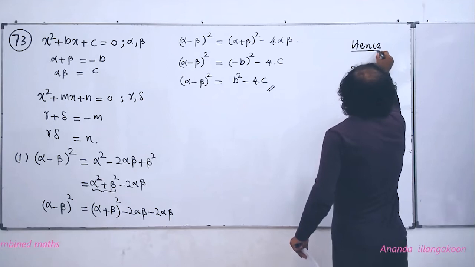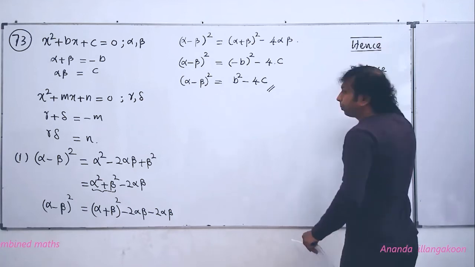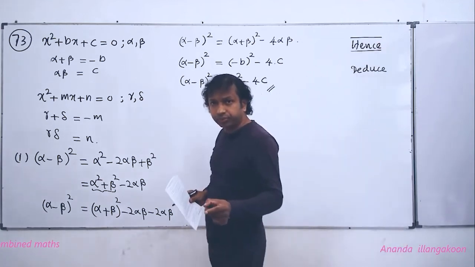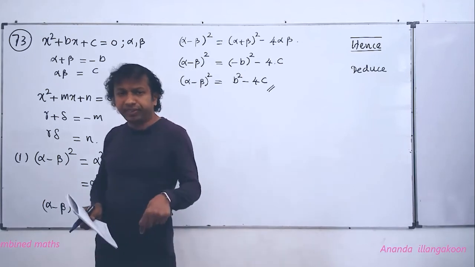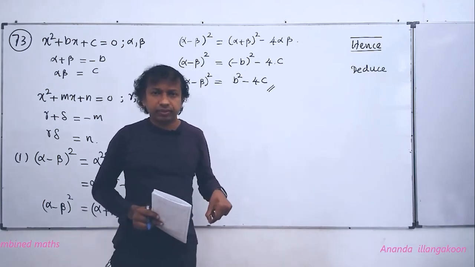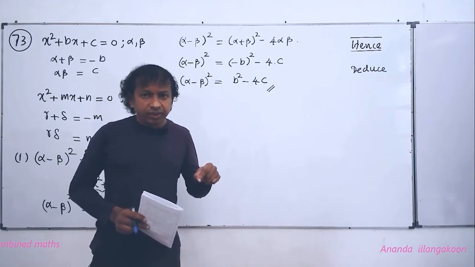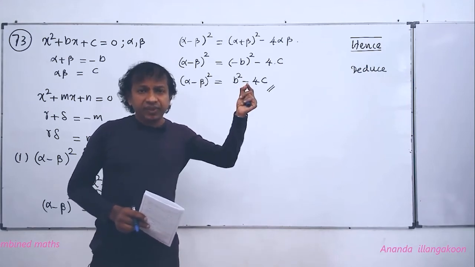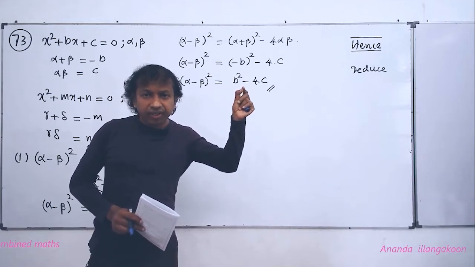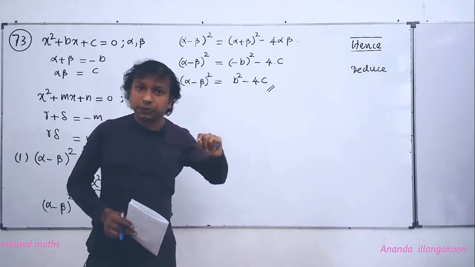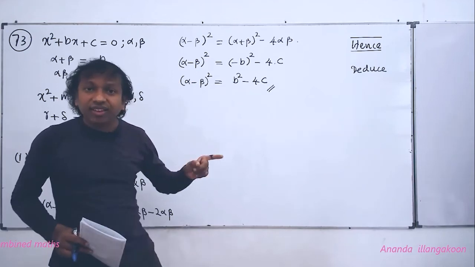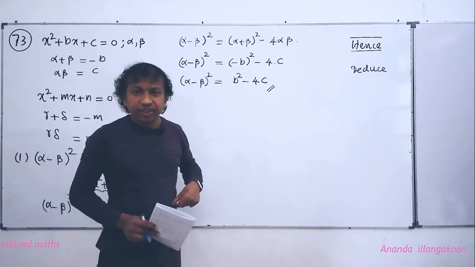People, hence means using the previous result, obtain. If you have the word hence, definitely previously we have a result. By that result we can get the next answer. Hence means that.